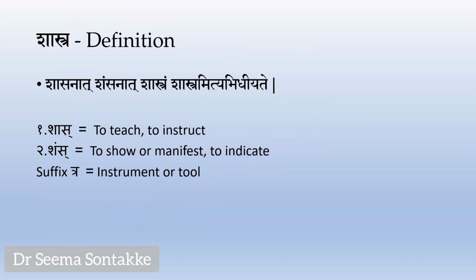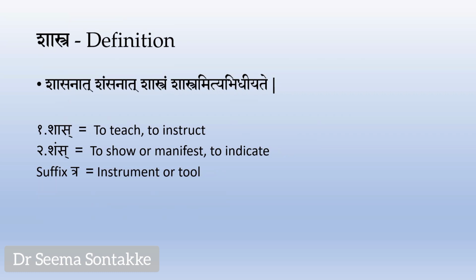Now, let me first of all give you a definition of the term Shastra. Shasanat, shamsanat shastram, shastram iti abhidhiyate. In Sanskrit, this word Shastra can be derived from two roots.